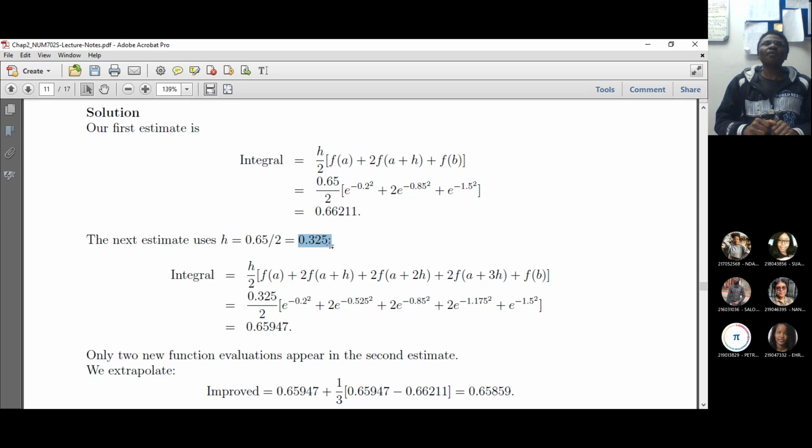So instead of 2, there will be 4 sub-intervals. If there are 4 sub-intervals, how many points? 5 points in total. So you can count 1, 2, 3, 4, 5 points. And there are 3 interior points, 1, 2, 3. So the interior points are double.